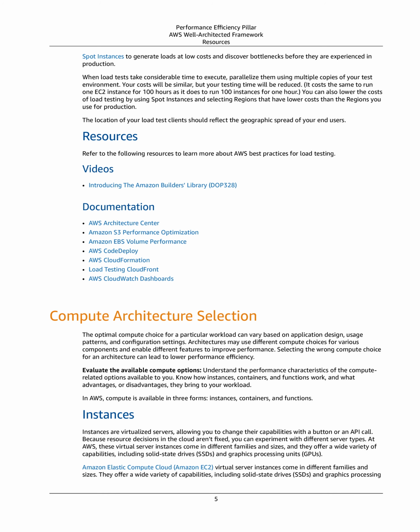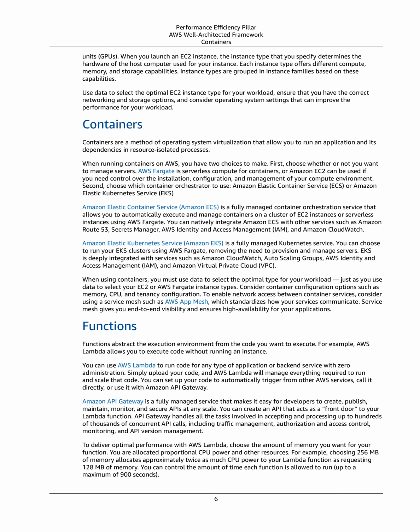Amazon Elastic Compute Cloud, Amazon EC2, virtual server instances come in different families and sizes. When you launch an EC2 instance, the instance type that you specify determines the hardware of the host computer used for your instance.